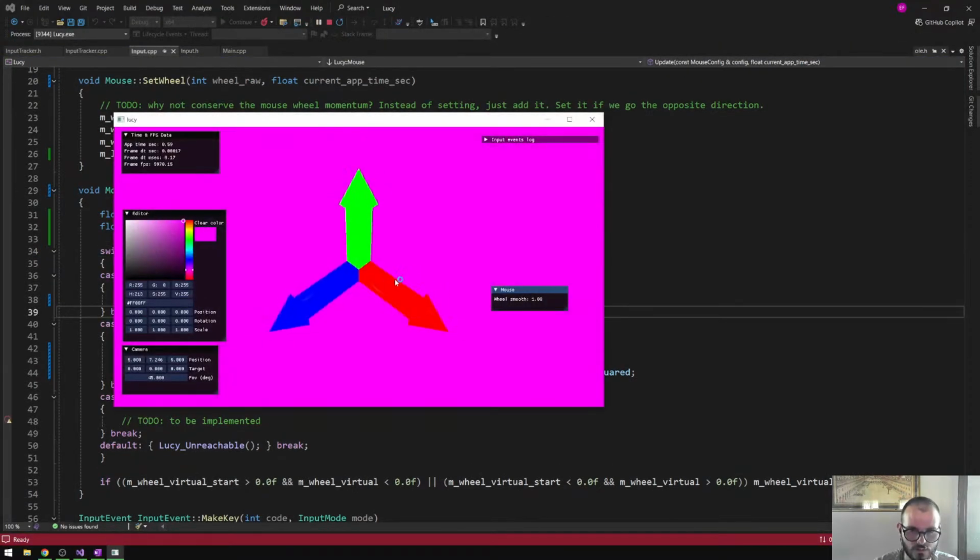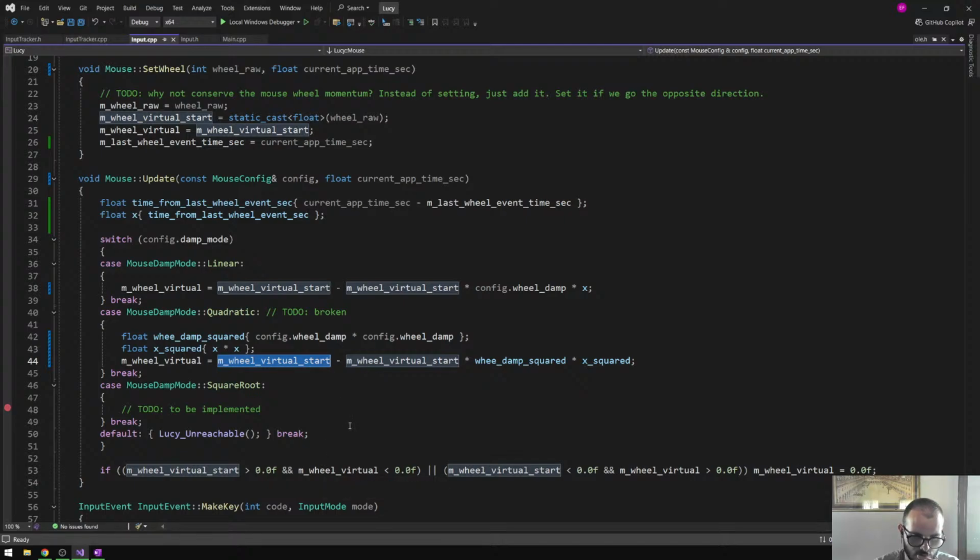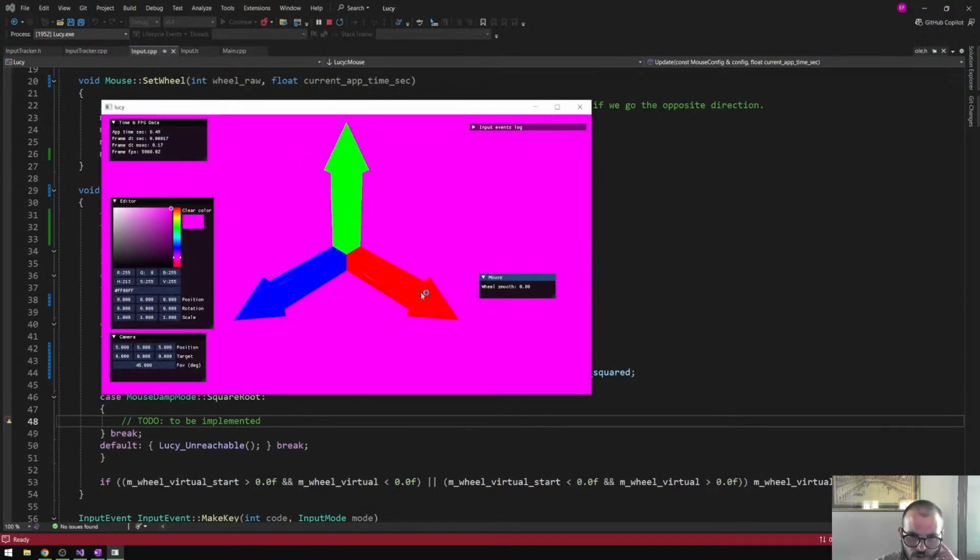Oh, okay, so it's just the wheel multiplier, it's basically the same.